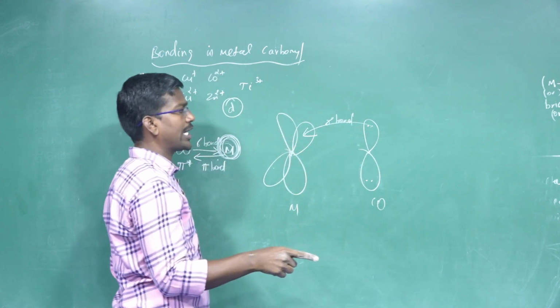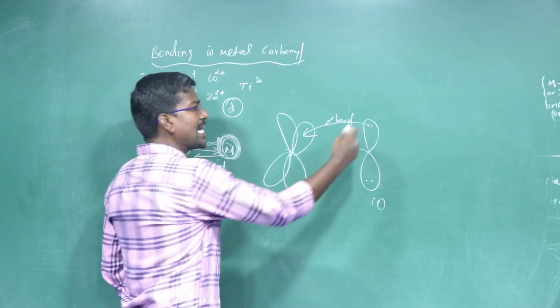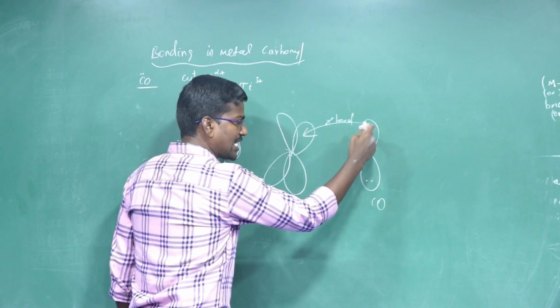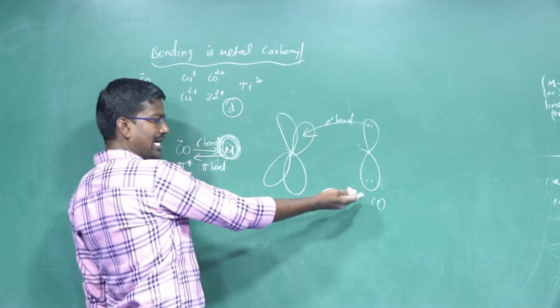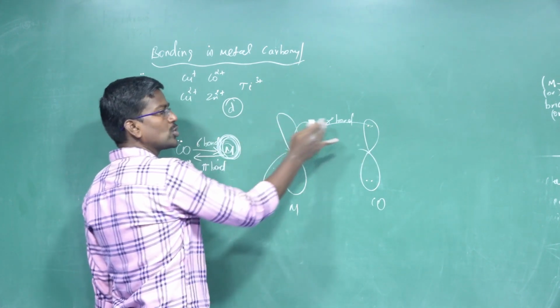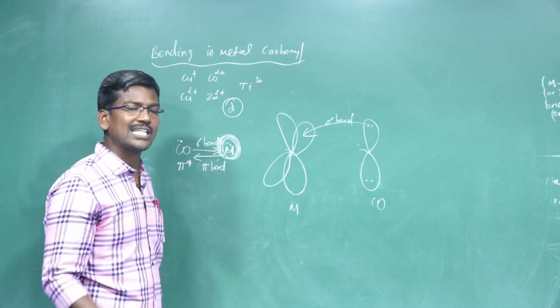So in the first component, the excess electron pair from carbon monoxide, in the ligand, migrates to the central metal atom through a sigma bond. Due to this, electron density increases around the d orbital of the central metal atom.